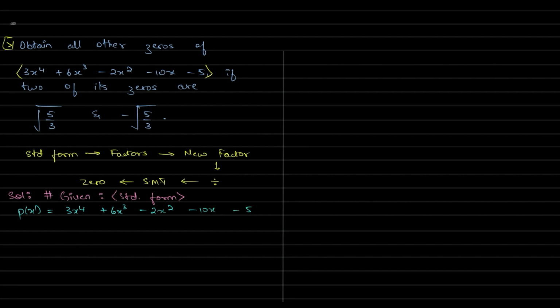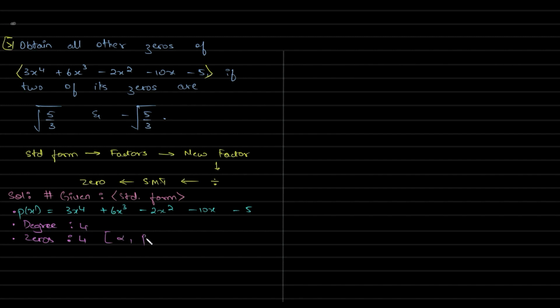First thing we'll do is notice the degree. Degree is 4. Next is notice the zeros. The number of zeros is 4, right? Because they're always equal to the degree.